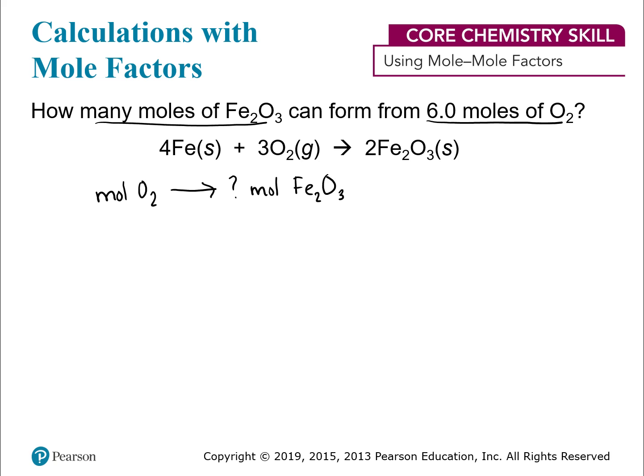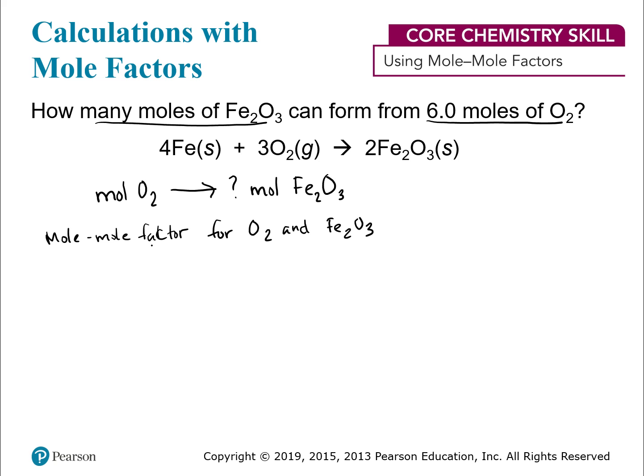To do this, you need to write a mole-mole factor. I may call it a mole-mole ratio. It's the same thing. It's just a different term. To write the mole-mole factors, you just want to look at the chemical equation.